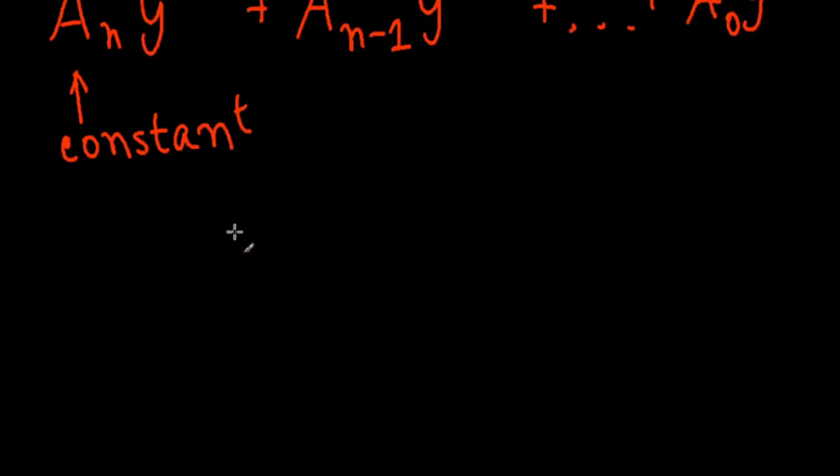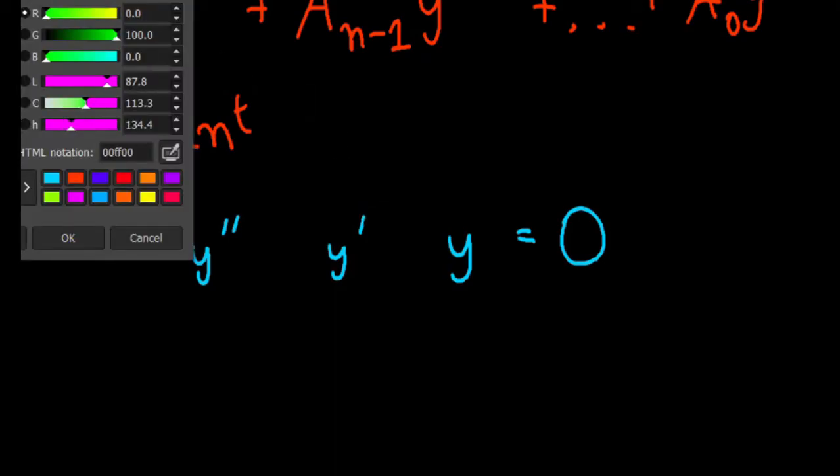So that's just gonna be, let's see, we have y double prime, we have y prime, and we have y, and all of that is gonna be equal to zero. Now, obviously, these are gonna have coefficients, but as I said, the coefficients have to be constants.